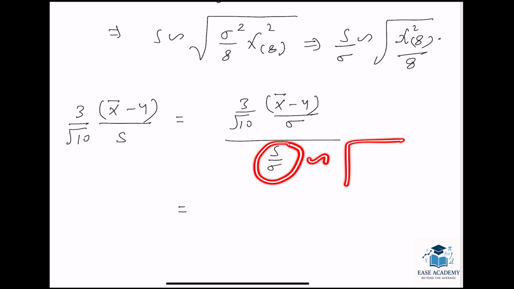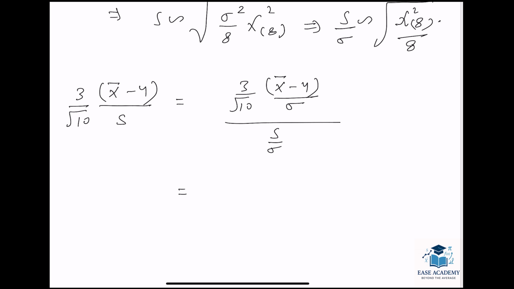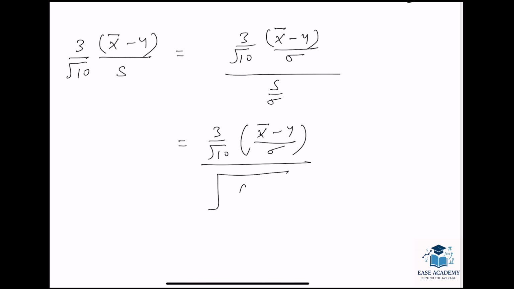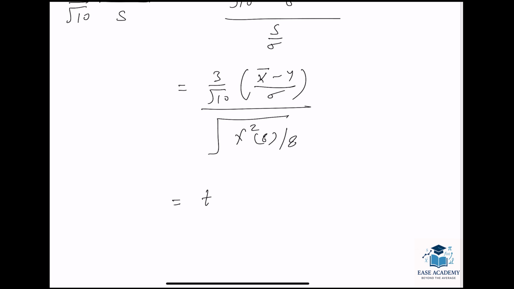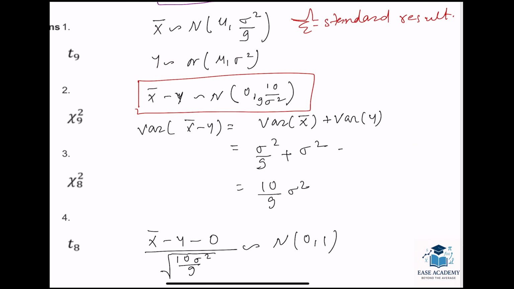So the numerator follows normal 0, 1, and the denominator follows root of chi square 8 upon 8. Clearly this is the definition of the t distribution with 8 degrees of freedom. So by the definition of the t distribution, the answer is T8.